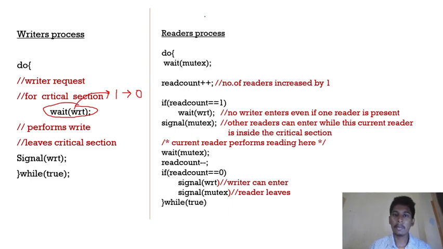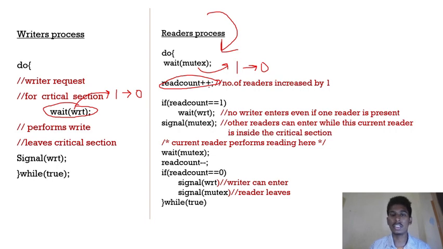At the same time, consider a reader process is also entering the process. Here wait of mutex is 1, and wait of mutex will make it 0. So we increment the read count here. Read count is at first 0 and it will become 1.